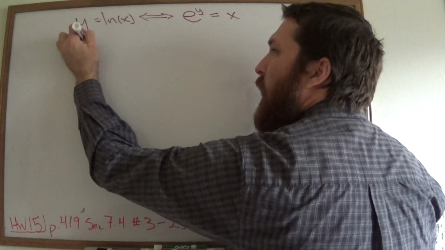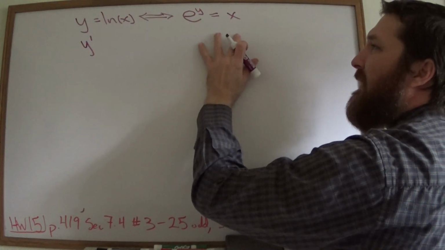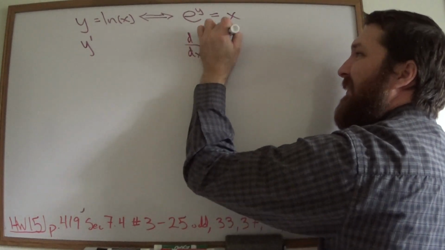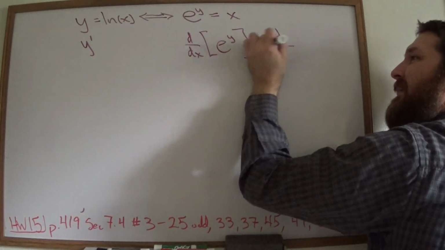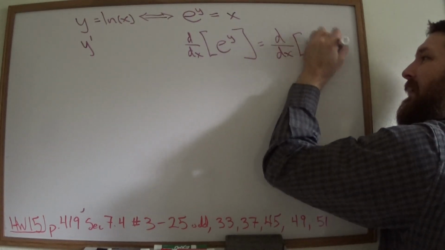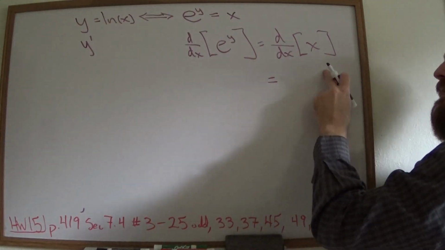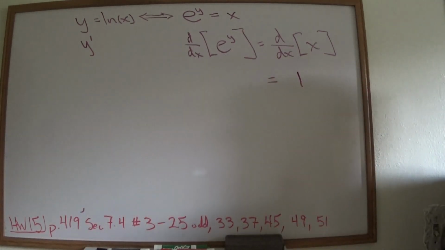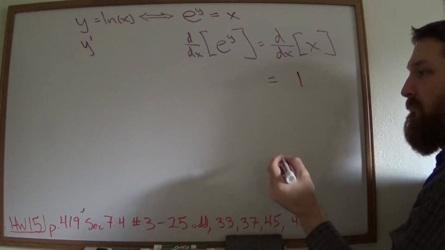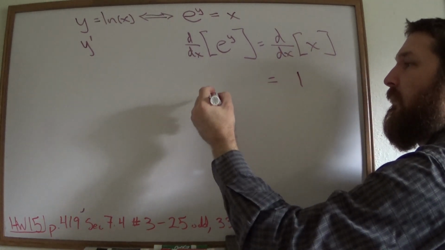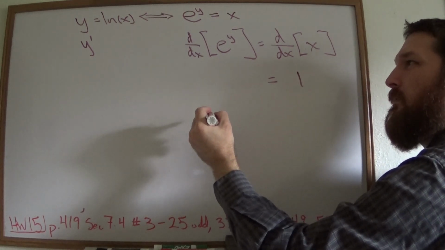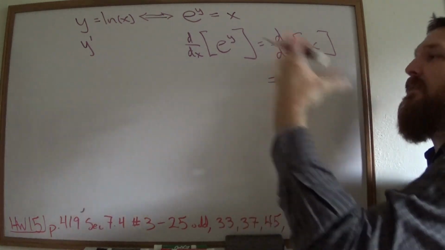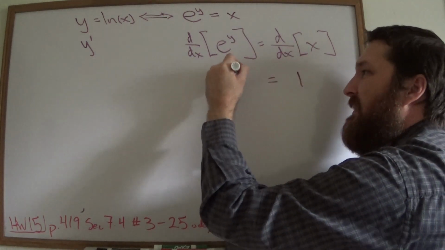Therefore, if I want y prime, I could use implicit differentiation over here. Now, the right-hand side is easy. What's the derivative of x with respect to x? 1. It's just 1. What's the derivative of this with respect to x? The derivative of e to the stuff is just e to the stuff.